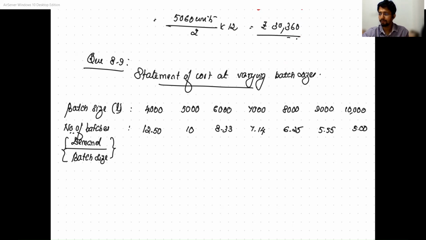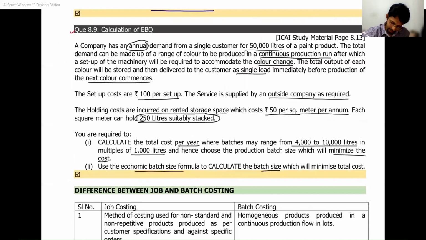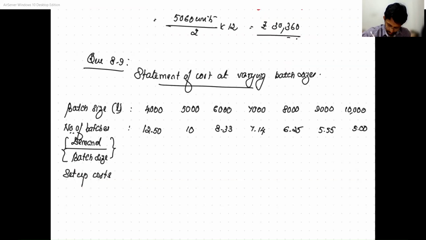Okay, next. So what is the setup cost? They say that it is rupees 100 per setup. So 12.50 into 100, it will be 1250.